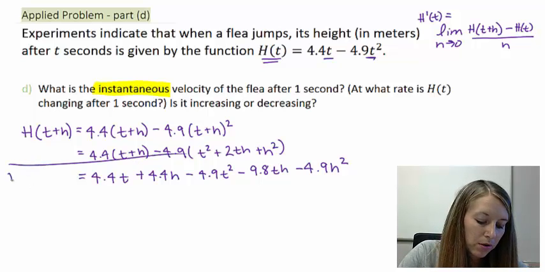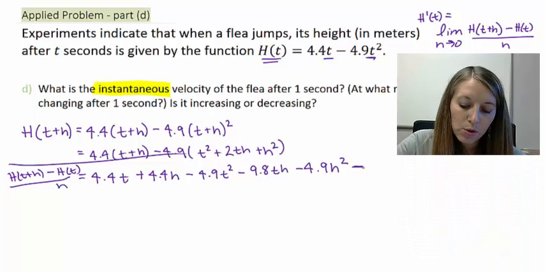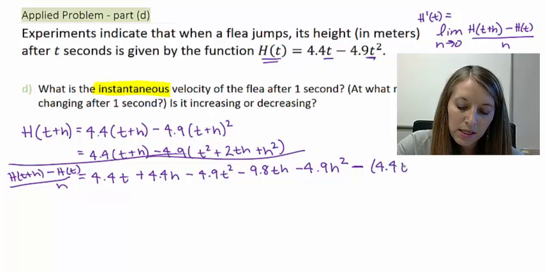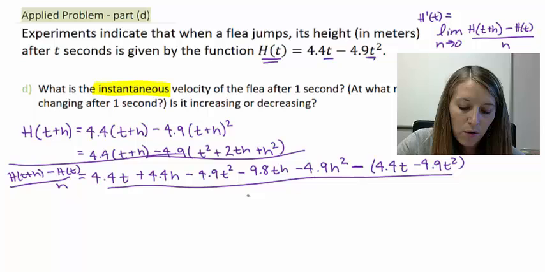So we want to compute h of t plus h minus h of t all over h. So I need to subtract my h of t, which is my original function. Make sure to put that in parentheses to note that the negative goes to every part of the function there, and that is all over h.